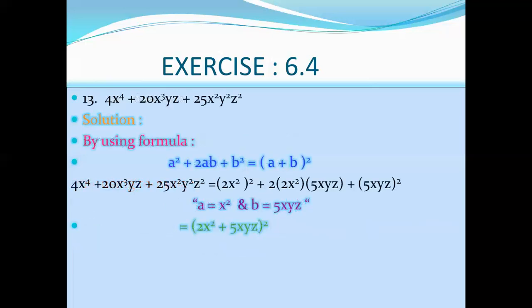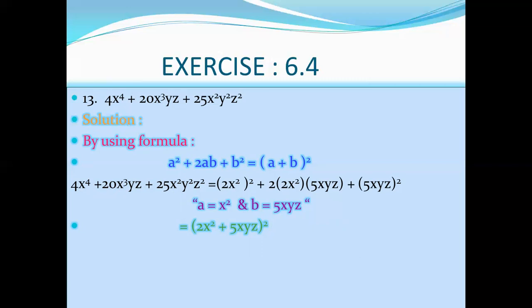Yes, our next question is 4x^4 plus 20x cube yz plus 25x square y square z square. Multiple variables are there in this question. In 4x^4, no term is common, because 4 is the square of which number? 2, and 25 is the square of which number? 5.